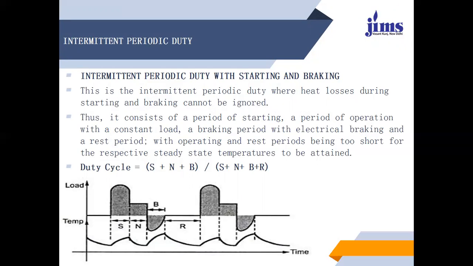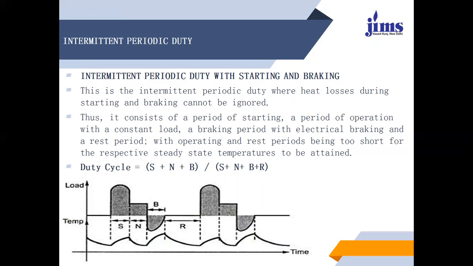This is the intermittent periodic duty where heat losses during starting and braking cannot be ignored. Thus, it consists of a period of starting, a period of operation with a constant load, a braking period with electrical braking, and a rest period, with operating and rest periods being too short for the respective steady state temperatures to be attained.